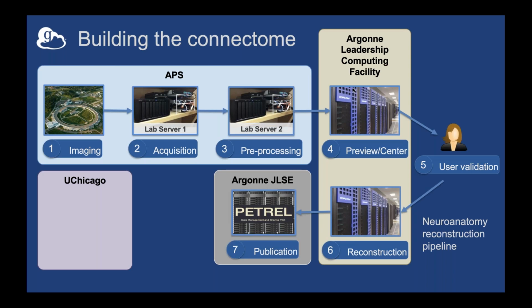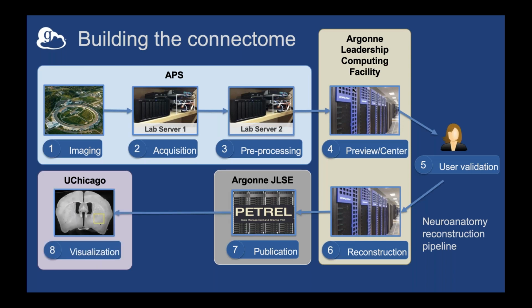The data is then published to a large storage system called Petrel. Ultimately, remote users can then visualize the data using visualization systems running on the Petrel storage service, and users around the world, in fact, can access the resulting data. Now, the goal then is to automate this pipeline.